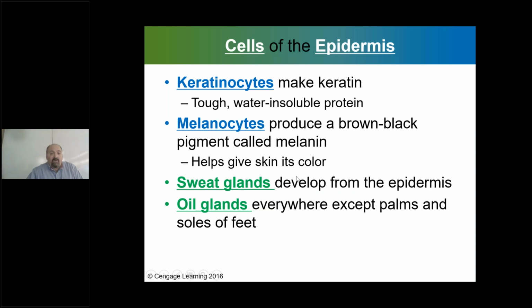And sweat glands and oil glands. The sweat glands can have different names. The oil glands can have different names, but if you just know at this point in time that they're producing sweat or they're producing oil, that's important. Something interesting of note is that I said to you before that the axilla, your armpit, has different types of sweat glands than the glands that are all over your body.